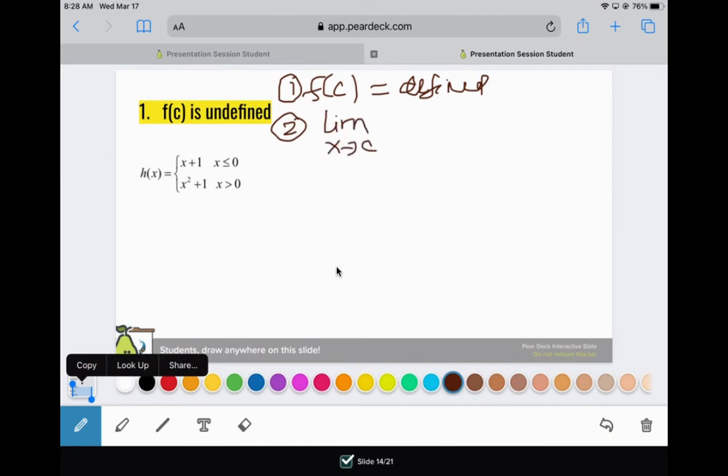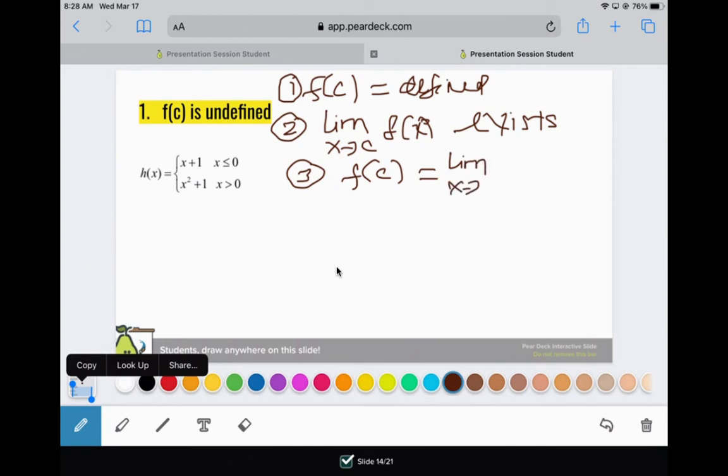The limit must exist. So that means there must be a limit. And then step 3, we're going to determine if f of c is the same as the limit. They both equal the same number. So these are 3 criteria to make the function continuous.